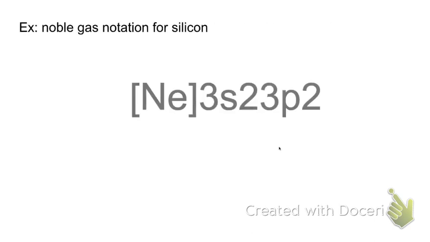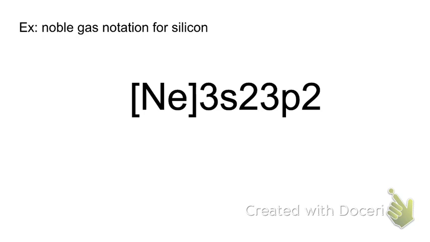Here's an example noble gas notation. This is the noble gas notation for silicon. Okay, so you can see that like neon, it has the 1s, 2s, and 2p orbitals filled. So instead of writing 1s2, 2s2, 2p6, we just write neon in brackets.